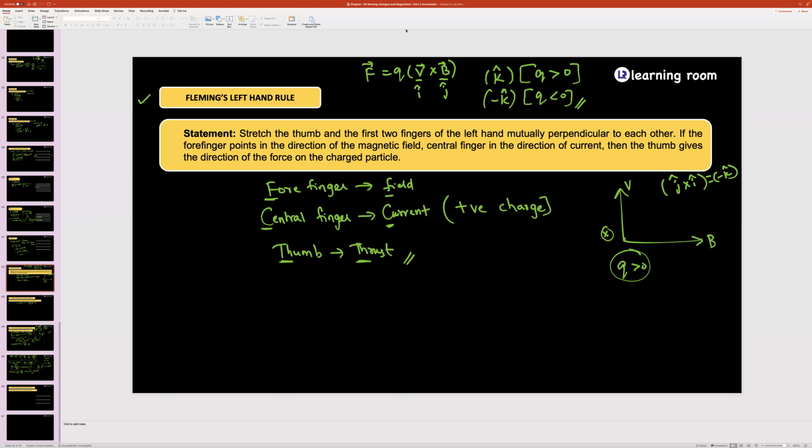Then the central finger is opened in the direction of current. Is it placed in the direction of current? No. So tilt it anti-clockwise so that this becomes the direction of the current. Now extend your thumb. The thumb gives you the direction of force, which means this charged particle is experiencing a force into the plane. Are you able to understand this point? That is why I put an into mark here.